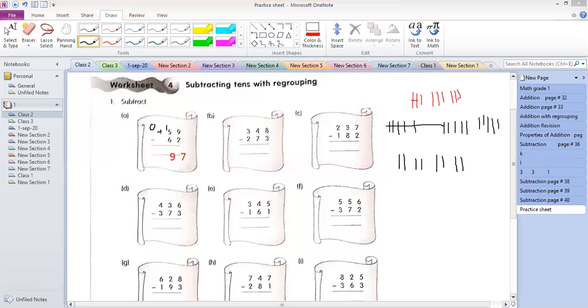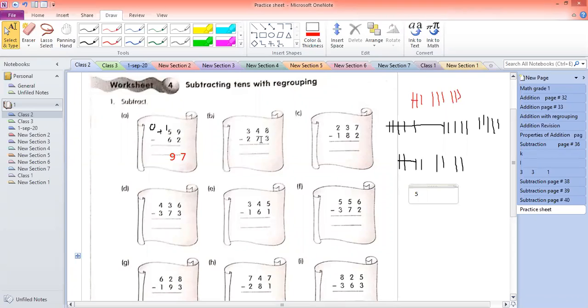So I will cut 3 lines: 1, 2, and 3. Now, how many lines are remaining? 1, 2, 3, 4, 5. So what is the answer? 8 minus 3 is equals to 5. Very good.